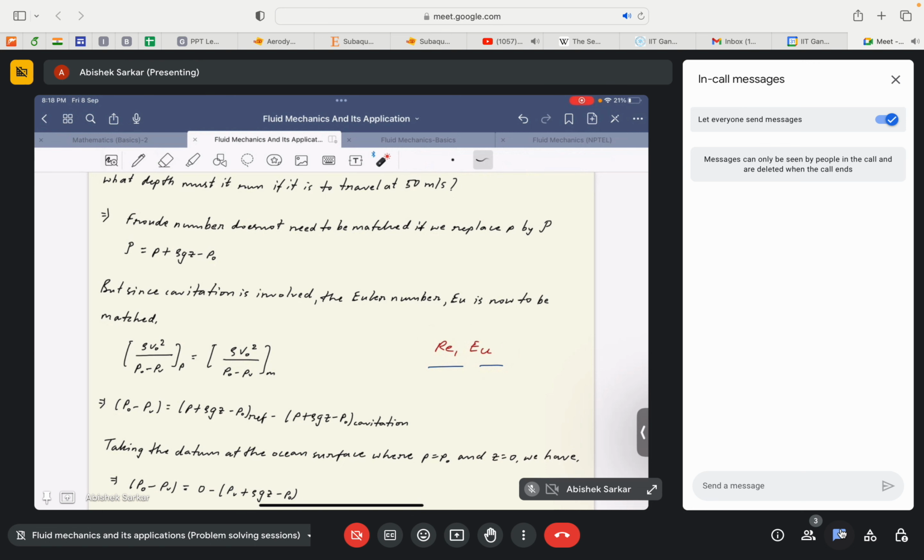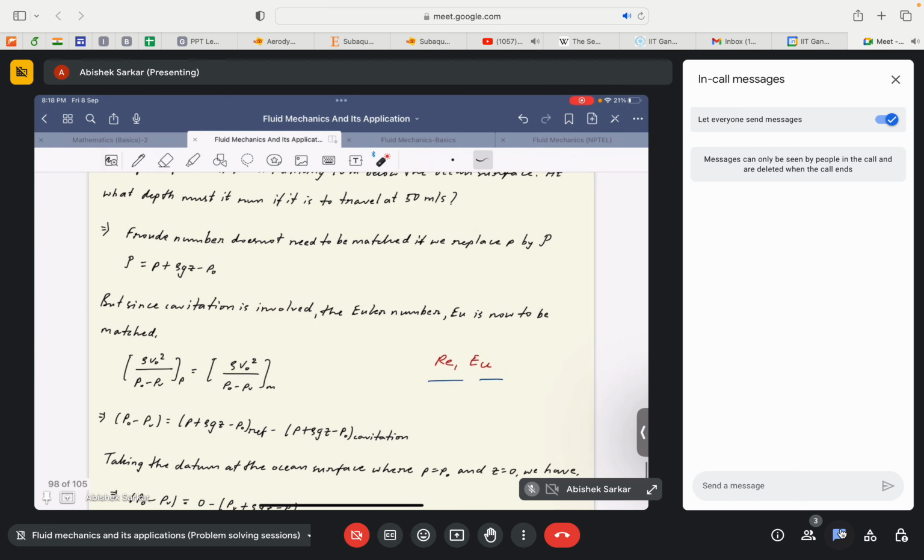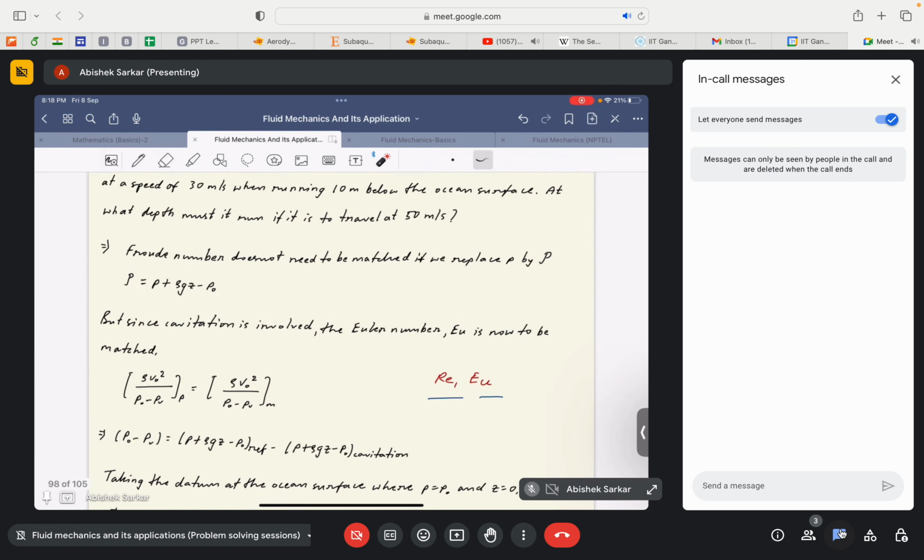For example, if you compare the Reynolds number instead of the Euler's number, you may end up with a different height. Now again, if you are dealing with Euler's number, then you may end up with a different depth. I'm sorry, height, I said depth. So these two may result in different values of h or depth.